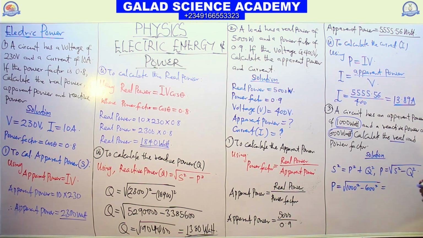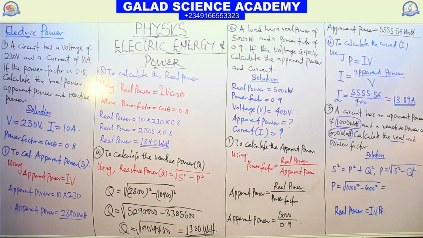You are now asked to find the power factor. Do you forget that real power, you will use now for that? So the power factor, which is cos theta. Or you cannot use this.